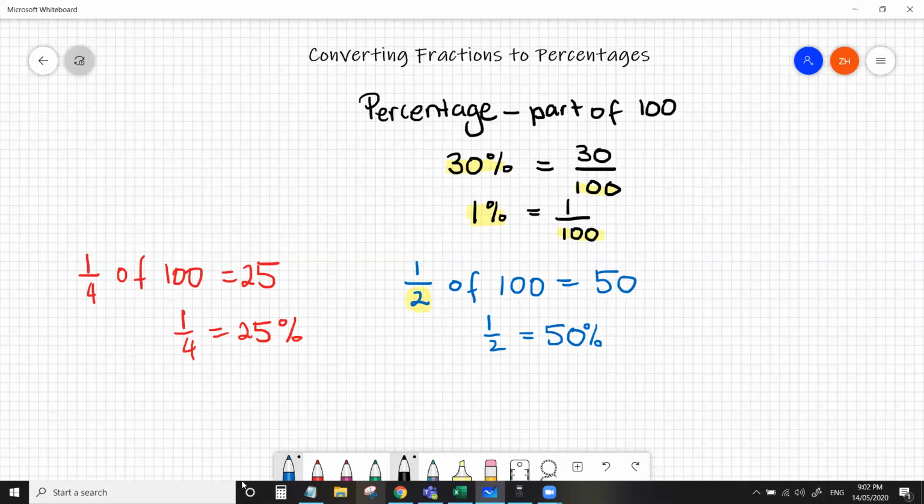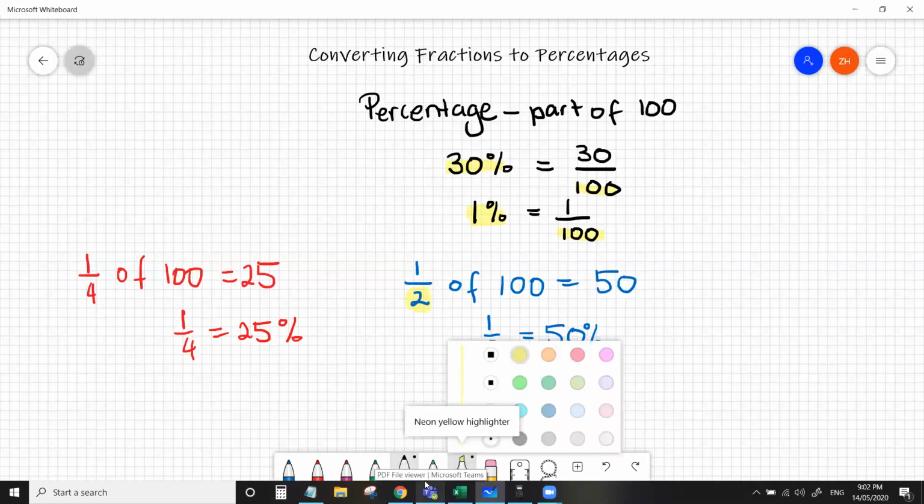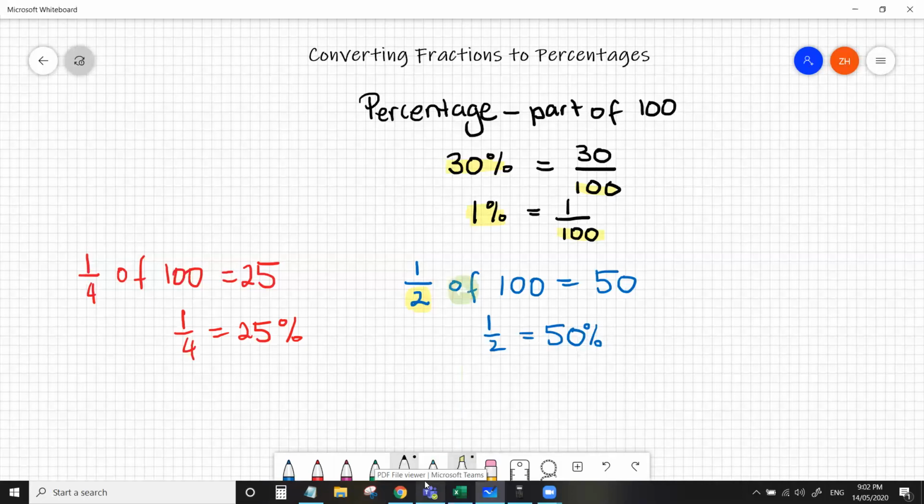So when you see "of" written in a maths problem, what "of" actually means is to multiply. If I say I want 2 groups of 3, I'm saying I want 2 times 3. 2 groups of 3 is the same as 2 lots of 3.